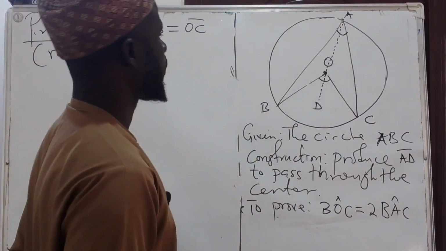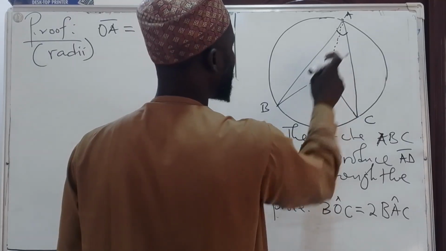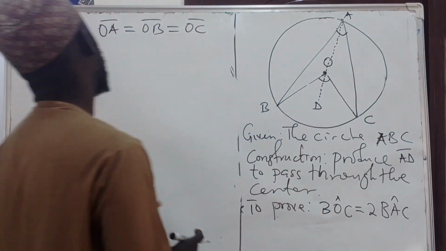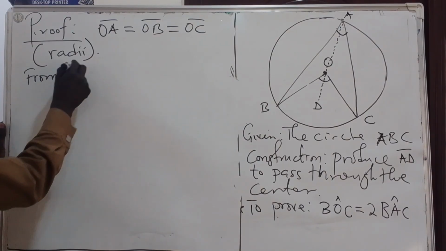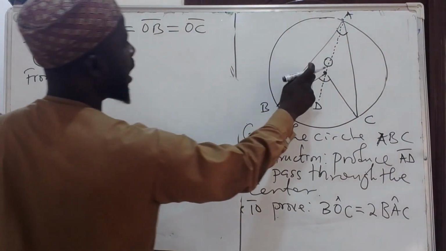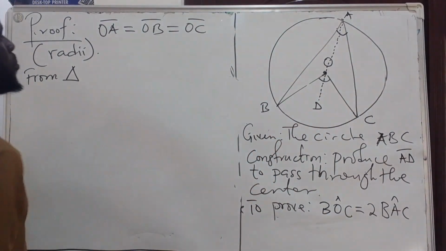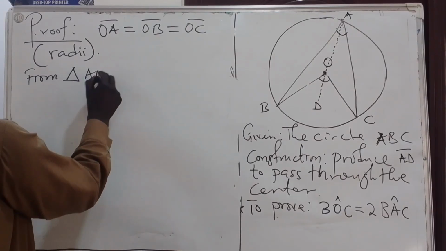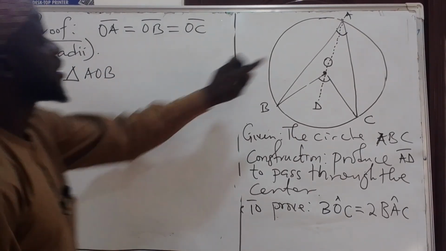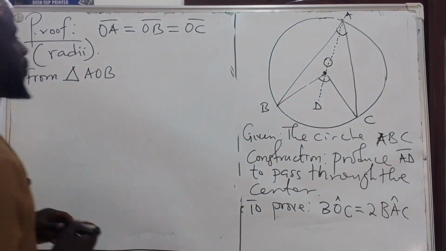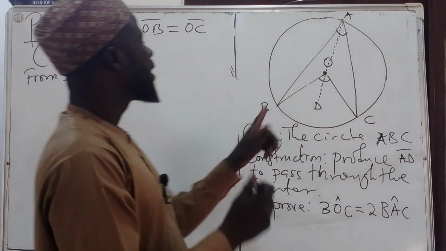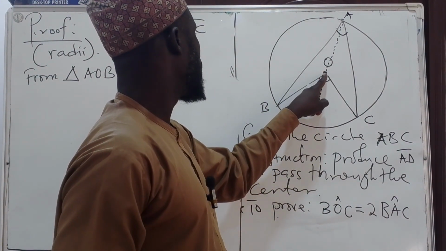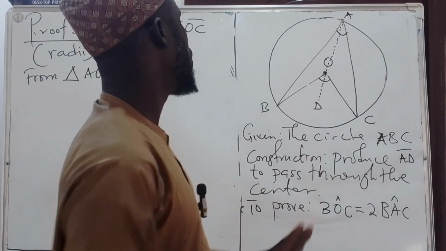Now, since this line is equal to this line, from this triangle AOB, we have this line OB equal to OA.